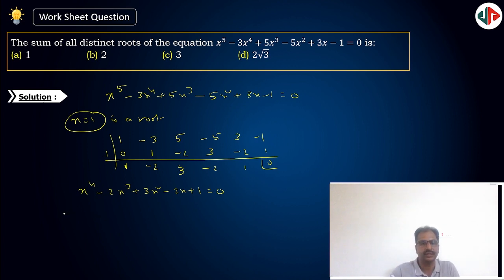This is again a reciprocal equation of class 1, even degree. To solve this, you have to divide with x square. Then you get x square minus 2x plus 3 minus 2 by x plus 1 by x square is equal to 0.